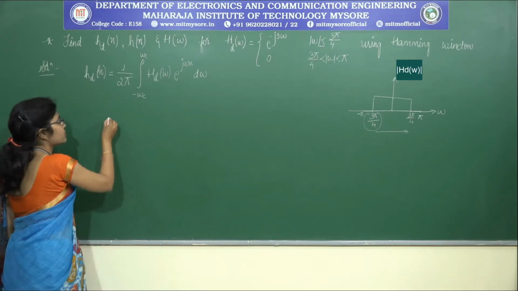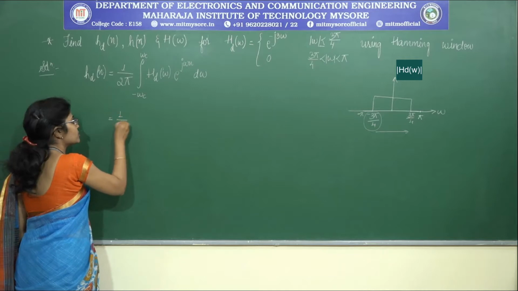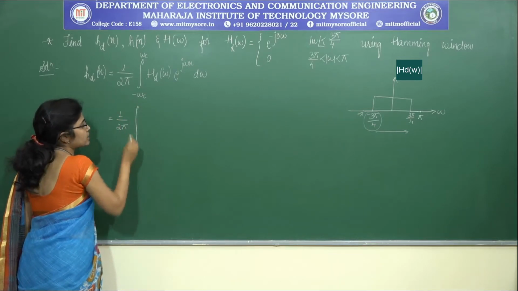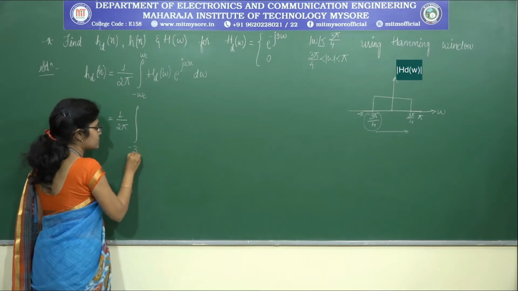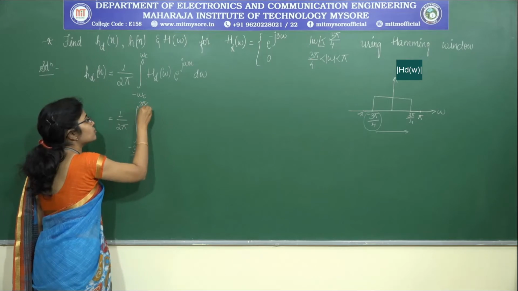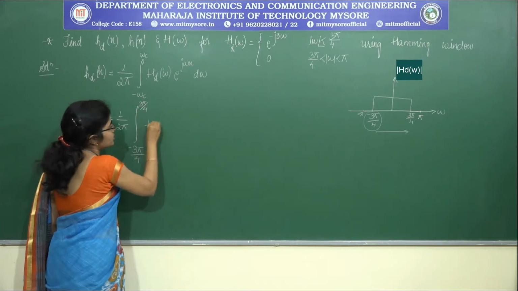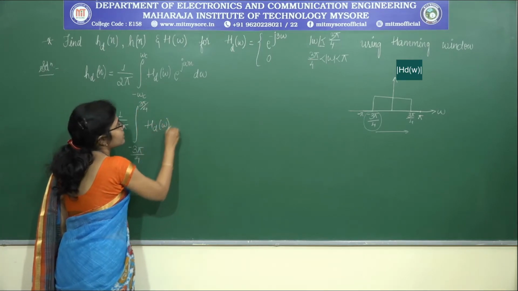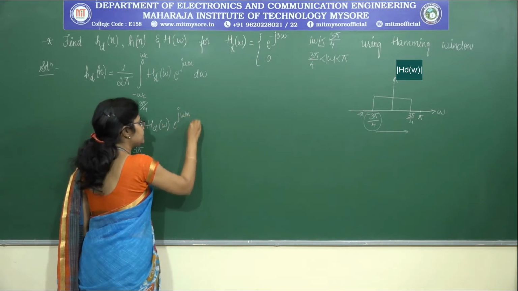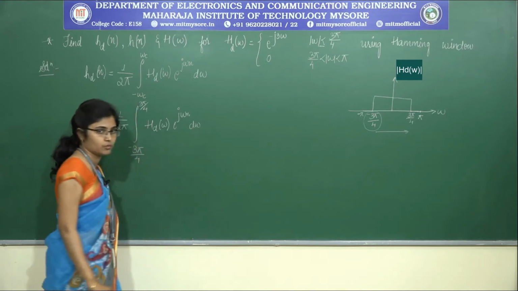So rewriting the equation, hd of n is 1 by 2 pi integral from minus 3 pi by 4 to 3 pi by 4 of Hd of omega into e power j omega n d omega.